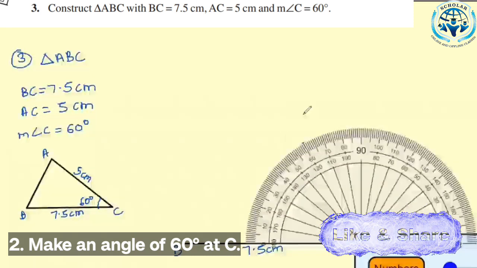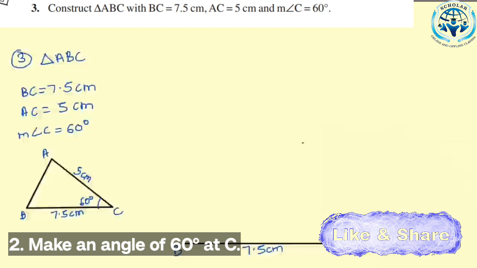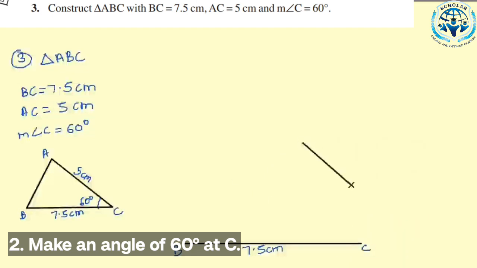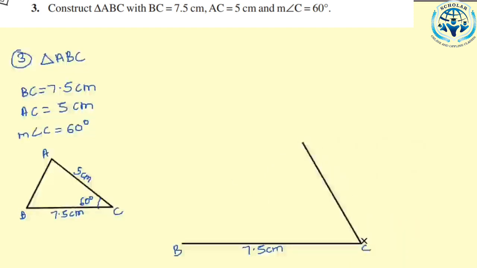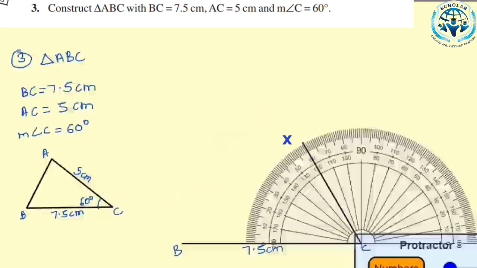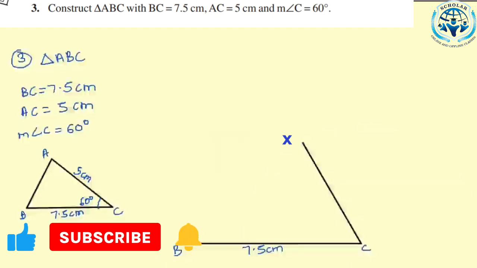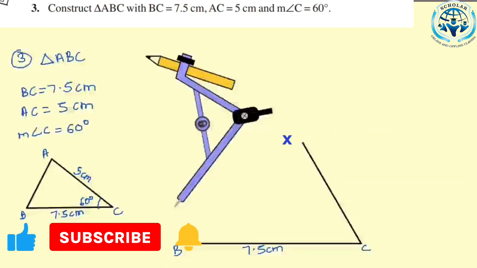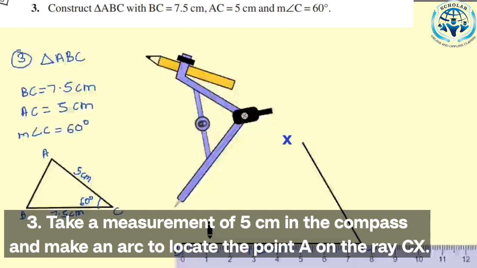So we will now measure AC. It is the next step. We will take the radius of 5 centimeter and taking C as center, make an arc of 5 centimeter to find the point A. A lies on the line, we can say it as CX. On this line we will make an arc of 5 centimeter.